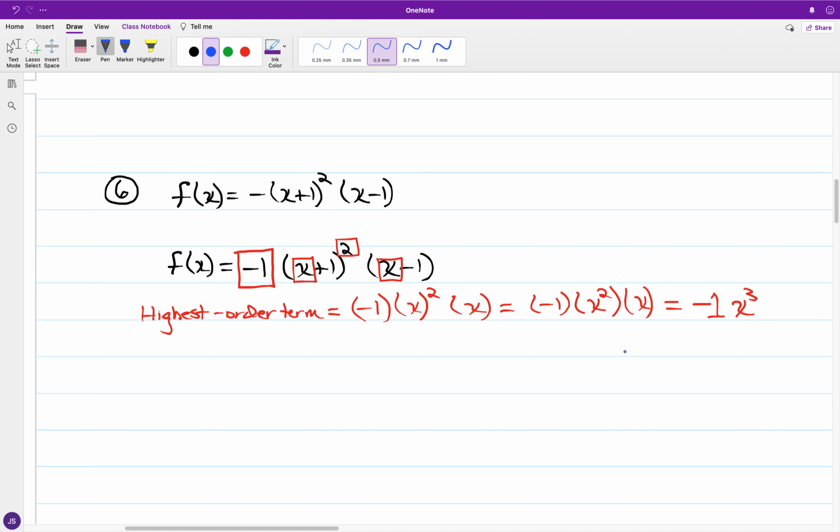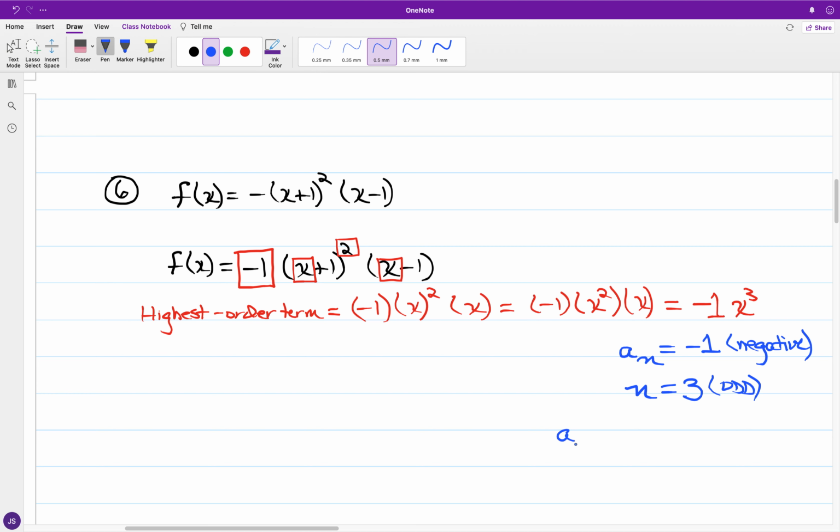So again, for the leading coefficient, a sub n is equal to minus 1, so that is negative. And we have the degree of this whole function. I only took the highest order term, so n is equal to 3, which is an odd power.